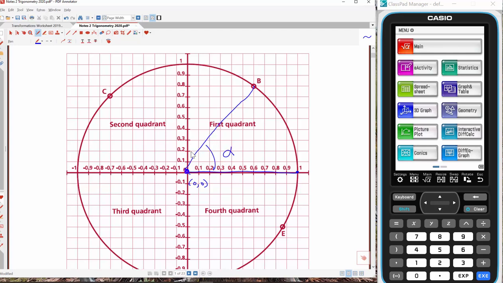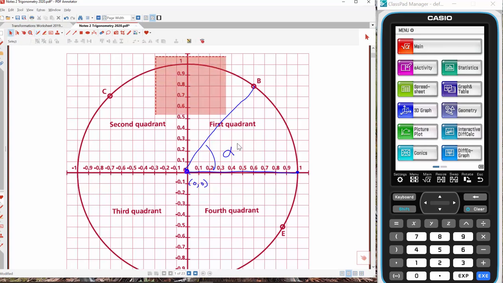Let's say angle alpha. Okay, so as I open up there, that's got that angle there. And so when we navigate our way around the unit circle, this is our starting point, and we move in an anti-clockwise direction. Okay, so this is the direction of movement around the unit circle. Okay, there are exceptions to that, but again, I'll cover that a little bit later.